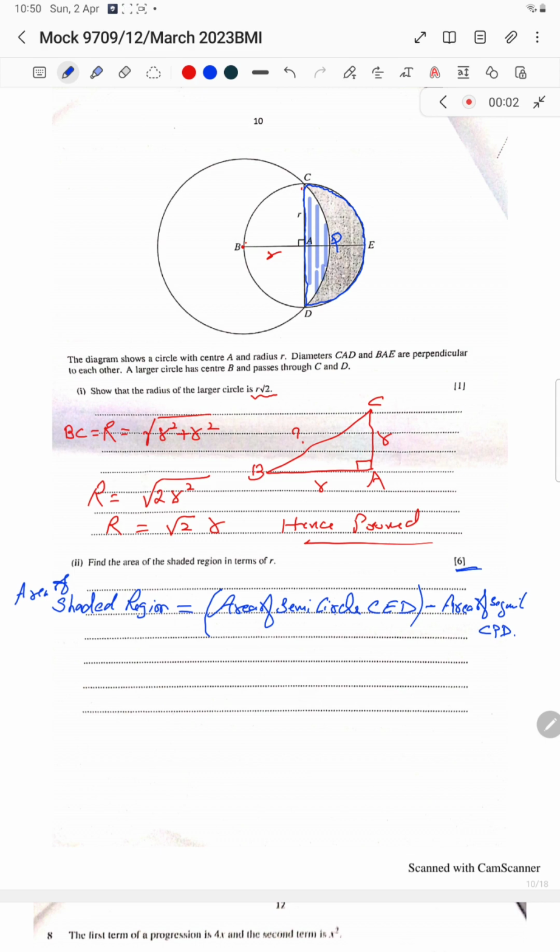Let me draw the circle for you again here to give you the complete description. Okay, done.